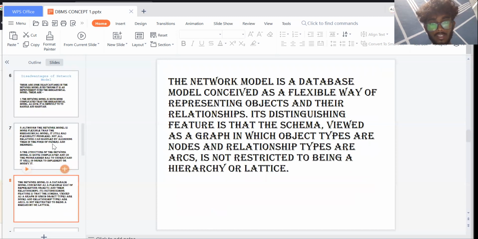The network model is a database model conceived as a flexible way of representing objects. Its distinctive feature is that the schema is viewed as a graph in which object types are nodes and relationship types are arcs. It is not restricted to being a hierarchy or lattice.